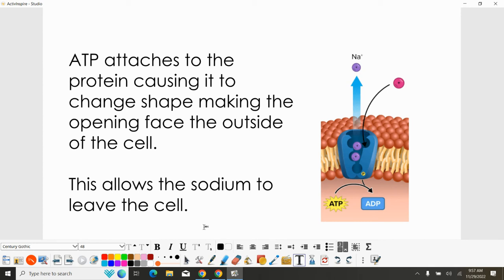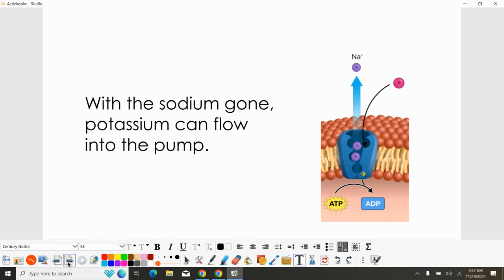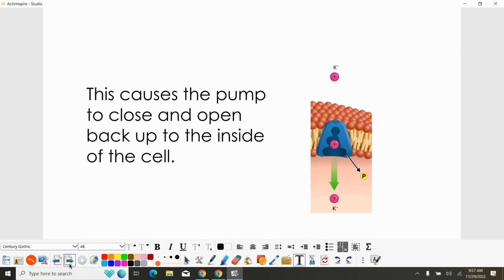Once it's bonded with those 2 potassiums, the pump will flip its orientation again, open up towards the inside of the cell, where it will release those potassiums to the internal environment.